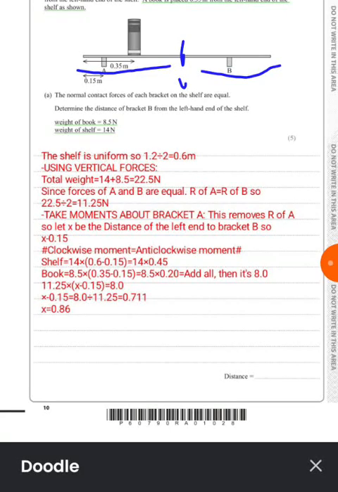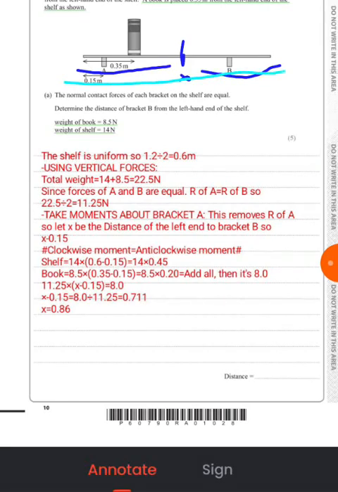For example, if I take here O, I drew alpha. So from alpha to A, the distance is 1.6 meters of the shelf, and from alpha to B, the distance is 0.6 meters. I'm really sorry. 1.2 is the full length of the shelf. The full length is 1.2.